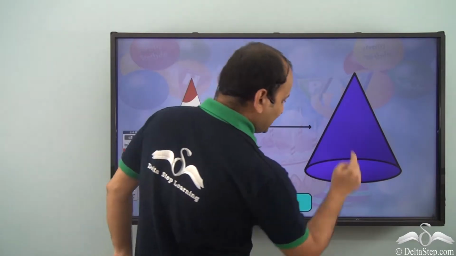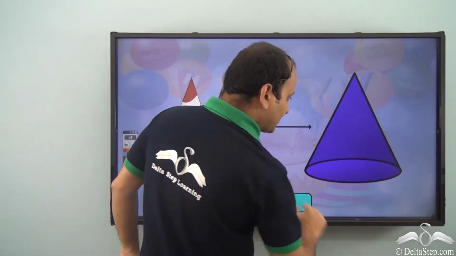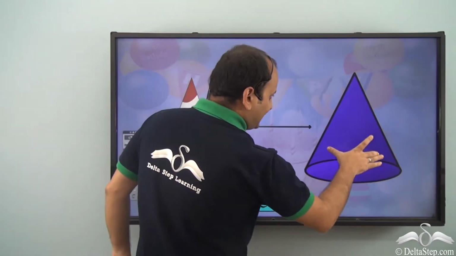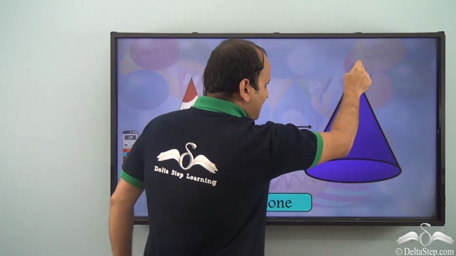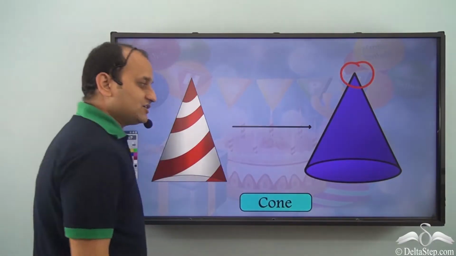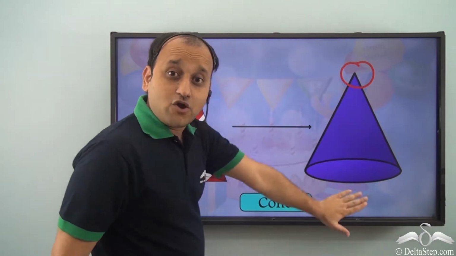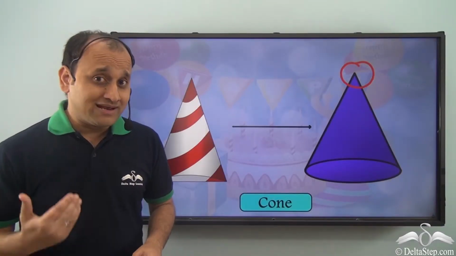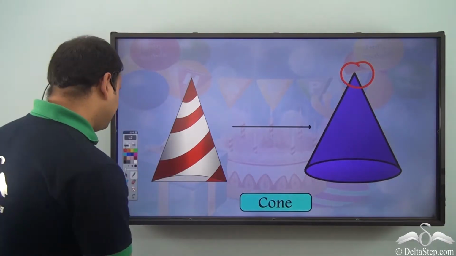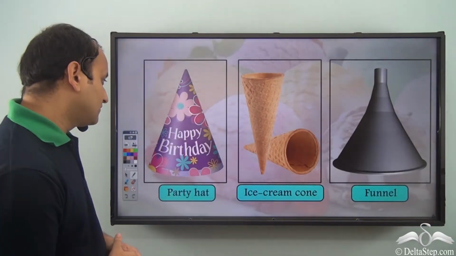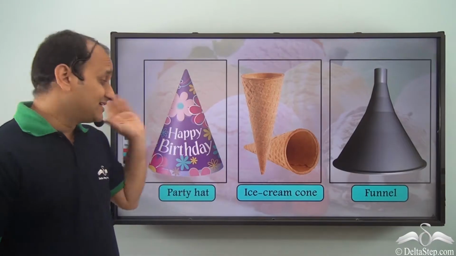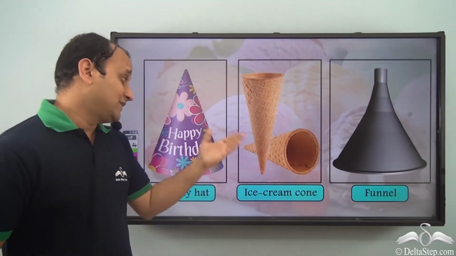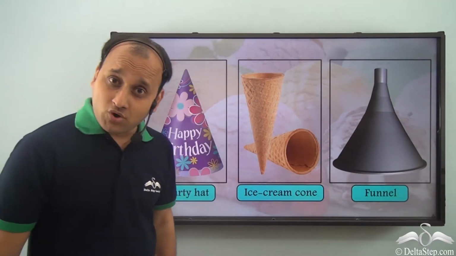Now, a cone has a flat circular bottom and then it tapers off to a pointed end. So, this is what we call a cone. Now, what are some common examples of cone? Well, we have the party hat, which is conical in shape. Then we have ice cream cone.